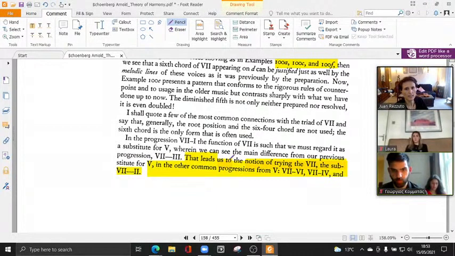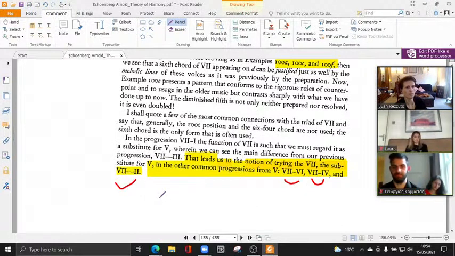Now, it says that leads us to the notion of trying the seventh, the substitute of the fifth, in other common progressions from, let's say, 5, 7, 6, deceptive, 7, 4, deceptive, and 7, 2.